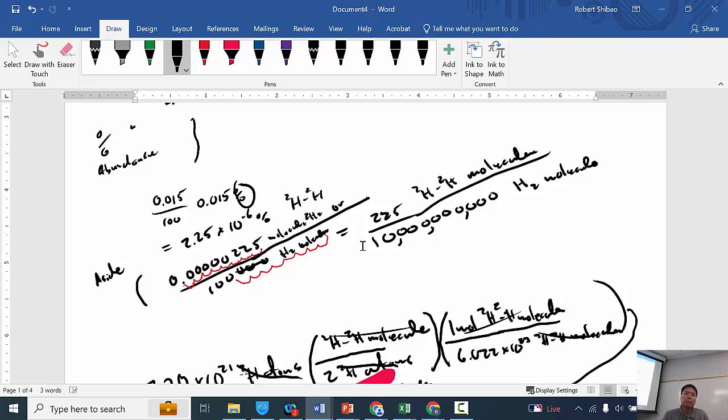Or you could have a dozen. So for example, I could have a dozen deuterated hydrogen molecules over 100 dozen hydrogen molecules.